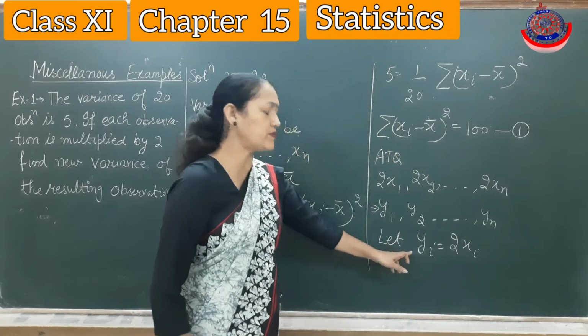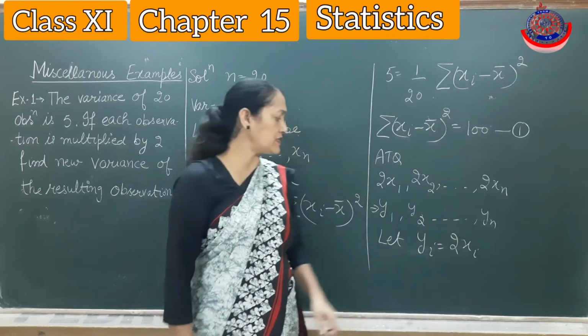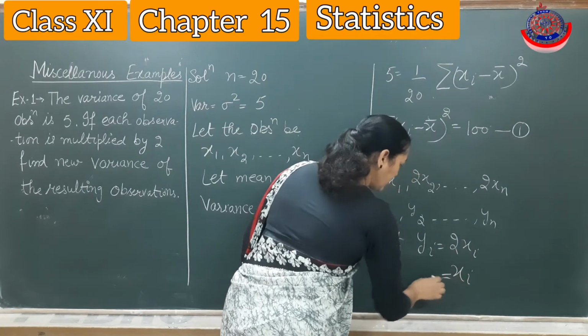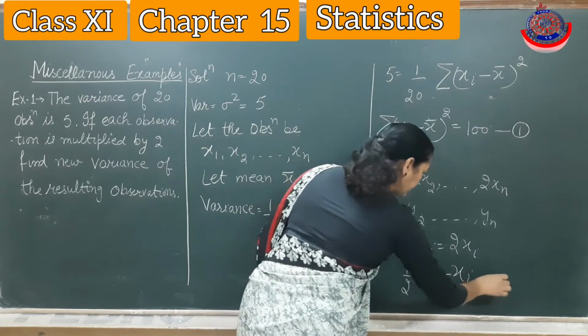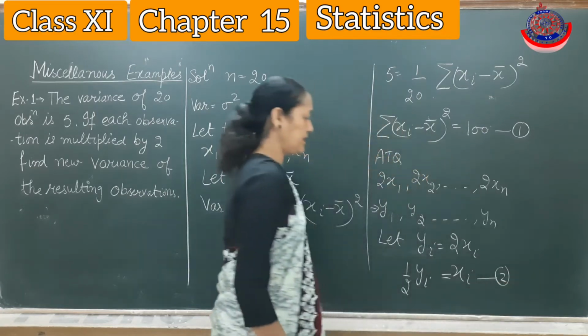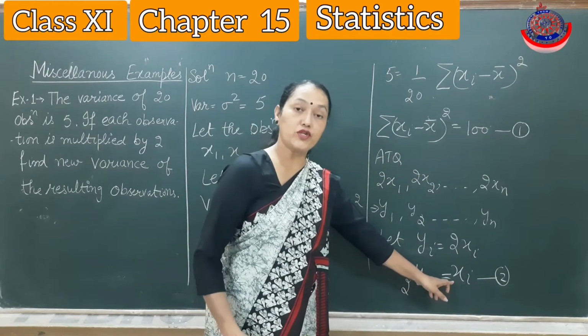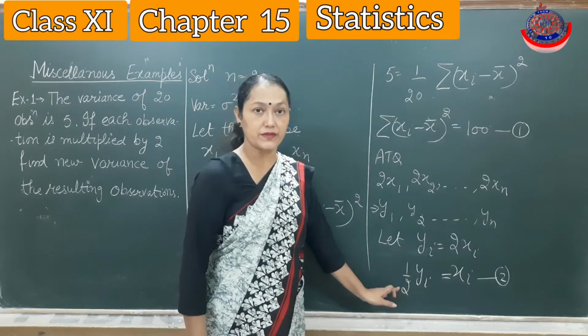Each y observation is equal to double of x observation. That means each original observation is equal to half of the new observation.